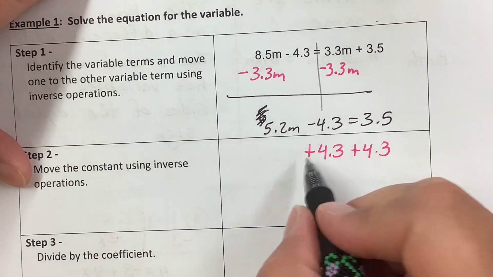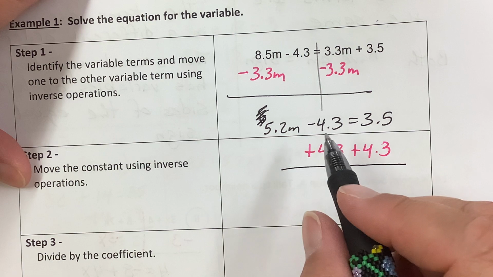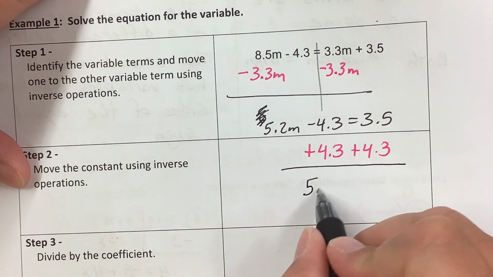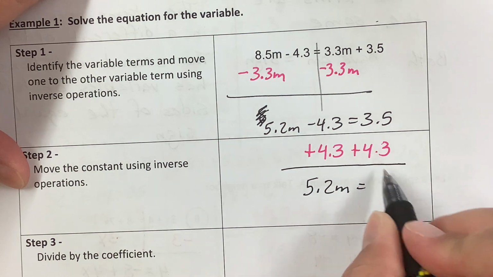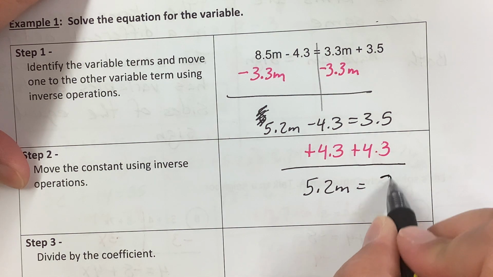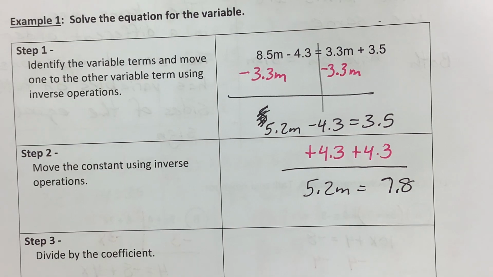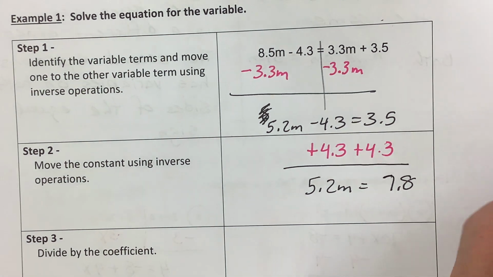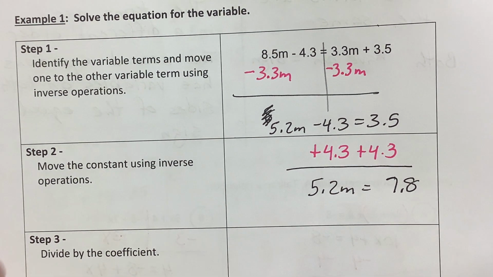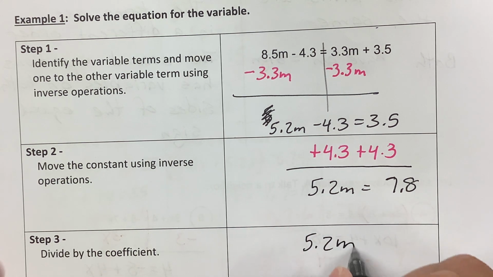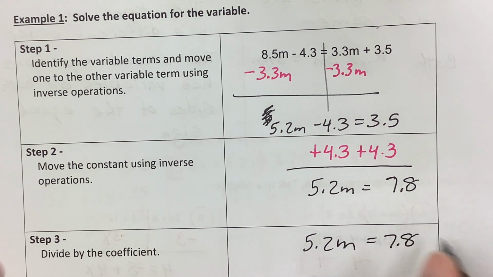And 5 2/10 m equals 8. No, 7 8/10. Right? Yeah, 7 8/10. And now I'm going to use my calculator. Divide by the coefficient. So 5 2/10 m equals 7 8/10.